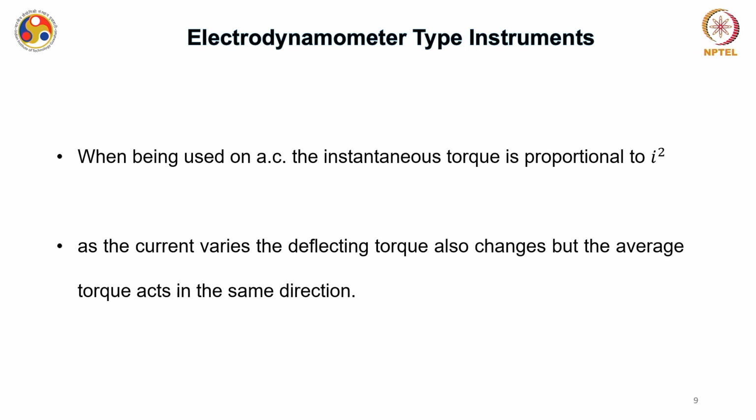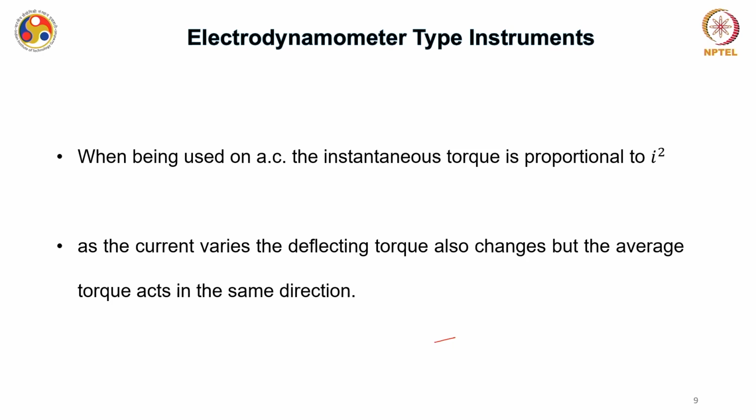Okay. So, when being used on AC, the instantaneous torque is proportional to I square. If you recall the first slide in the previous lecture regarding the connection of the fixed coil with the moving coil, they were connected in series.